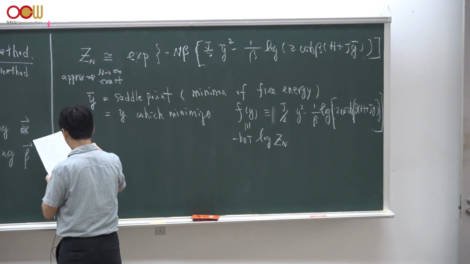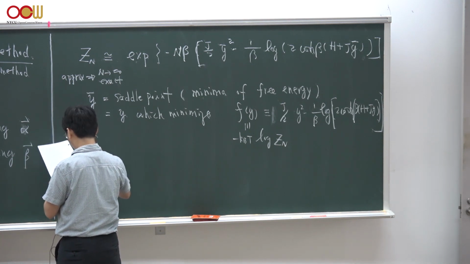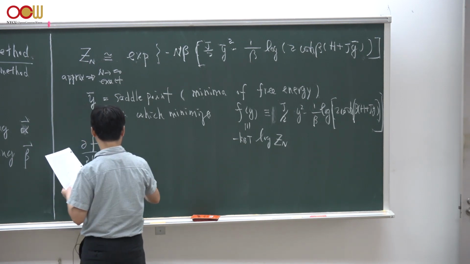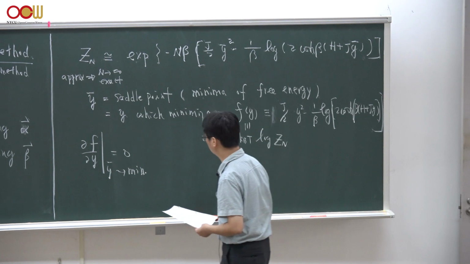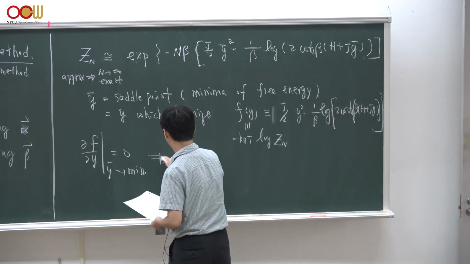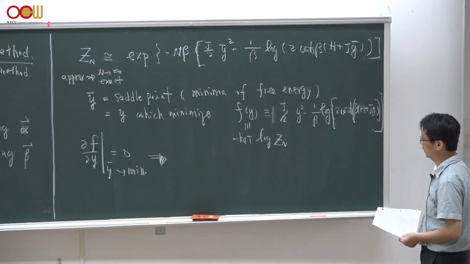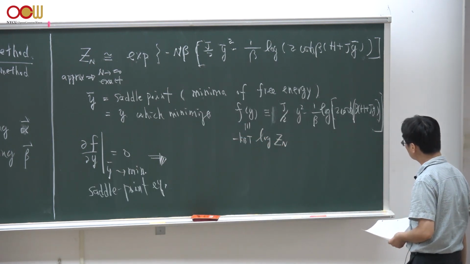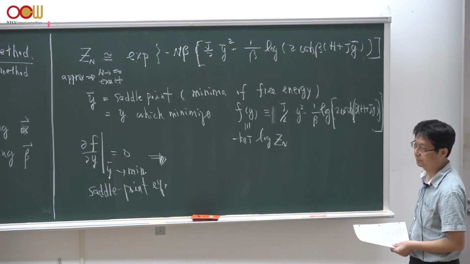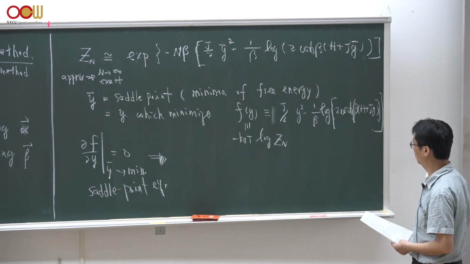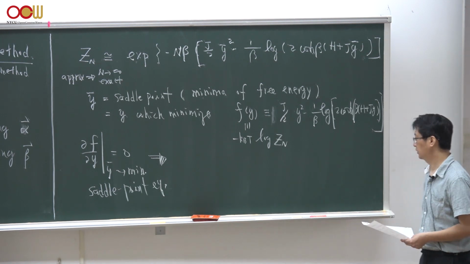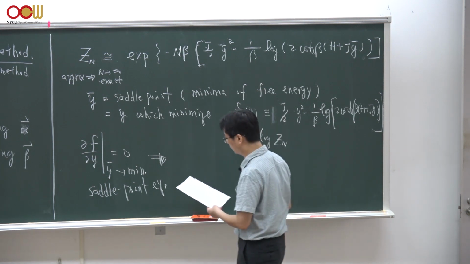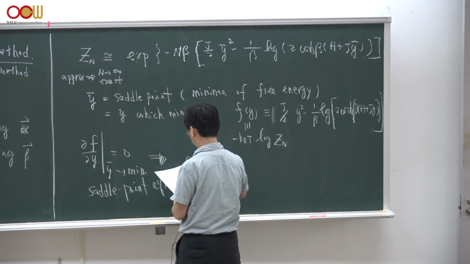Therefore, dF/dy at y bar is 0, and this is the minimum of the free energy. We can use that condition, the so-called saddle point equation, to minimize the free energy with respect to y and get a solution y bar which satisfies this saddle point equation or condition. So when we take the first derivative of F with respect to y, you get this.